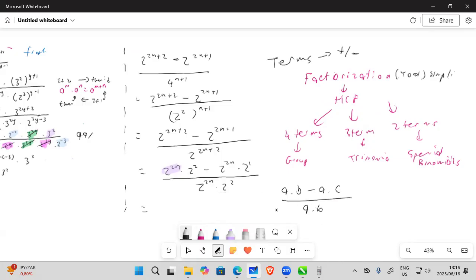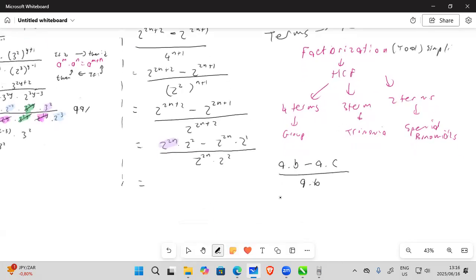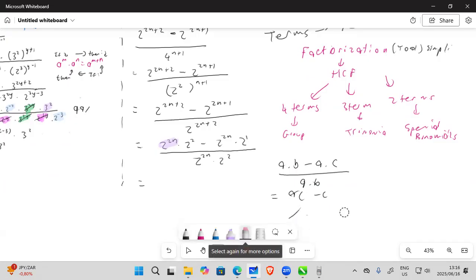And so what we're doing here now is we're taking out an HCF. So we have A into B minus C over A times B. A and A will cancel. So you'll have B minus C over B. Same story. It's the exact same story here.